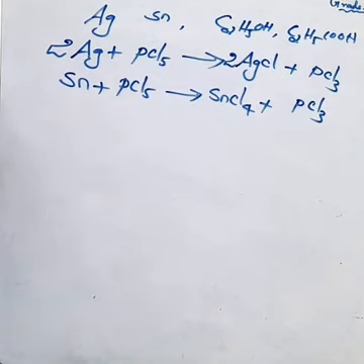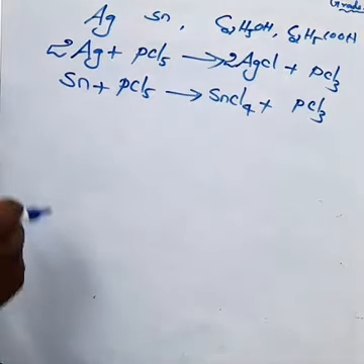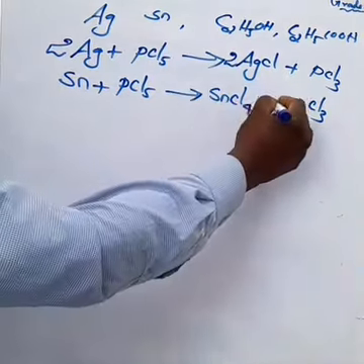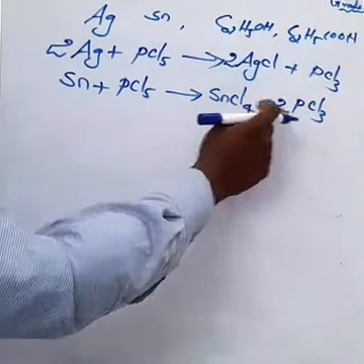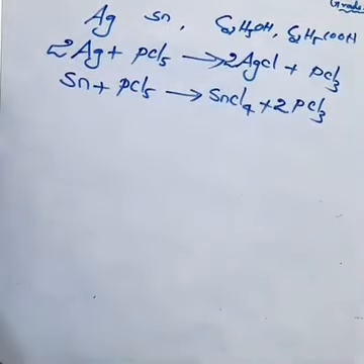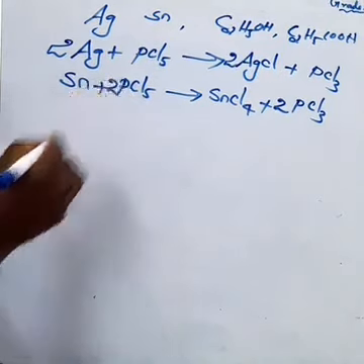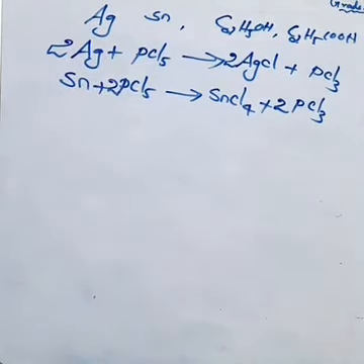SnCl4 and also here having PCl3. So how can we easily balance the equation? So make it 2 here, 2 PCl3. So 6 plus 4, 10. So if you are making the reactant side 2, 2 PCl5, now the equation is balanced.